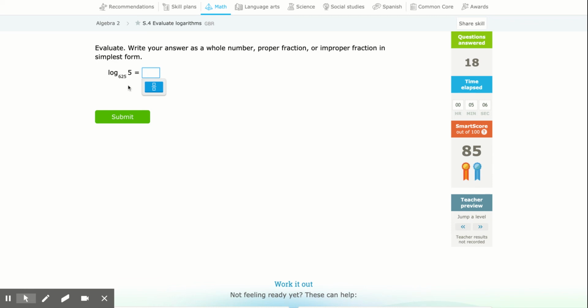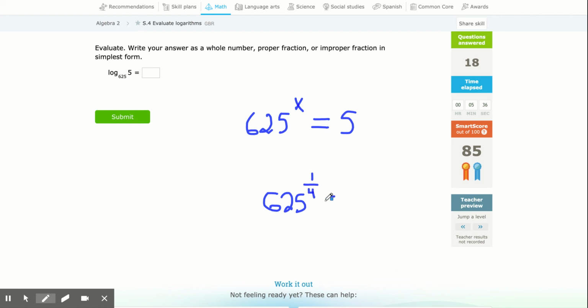Ooh, this one is a root. What I mean by a root is this. We take 625 and raise it to some exponent, and we want a smaller number. We want 5. Well, that's the root. We did this one earlier, and I thought the answer was 5, but the answer is 4. In other words, 625 raised to the 1/4 power is equal to 5, or the 4th root of 625 is 5.